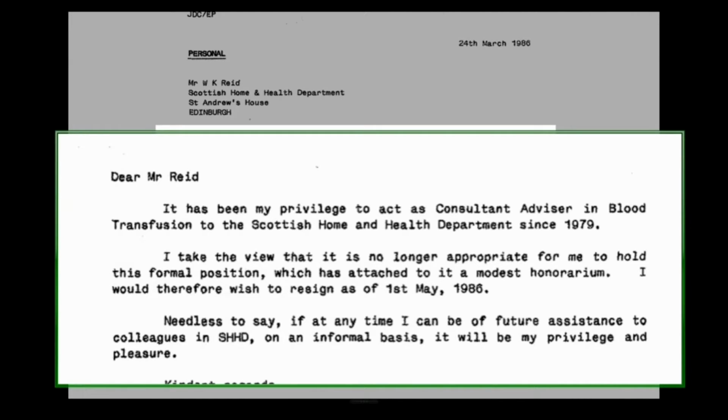There were a number of tensions between Professor Cash and the SHHD, which emerge when one looks at the contemporaneous documentation. We can get a flavour of that from PRSE 302563.